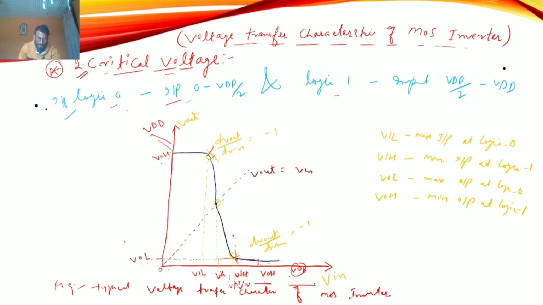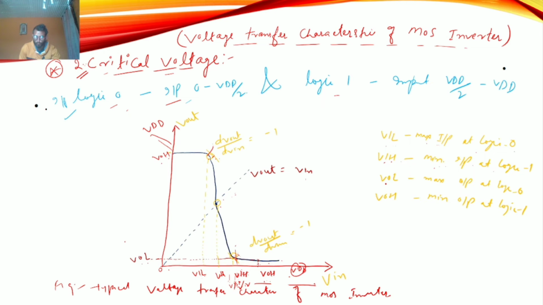The output voltage is equal to the input voltage at VTH, the threshold voltage. VIL represents the maximum input voltage at logic 0, VIH represents the minimum input voltage at logic 1, VOL represents the output voltage at logic 0 and VOH represents the minimum output voltage at logic 1.